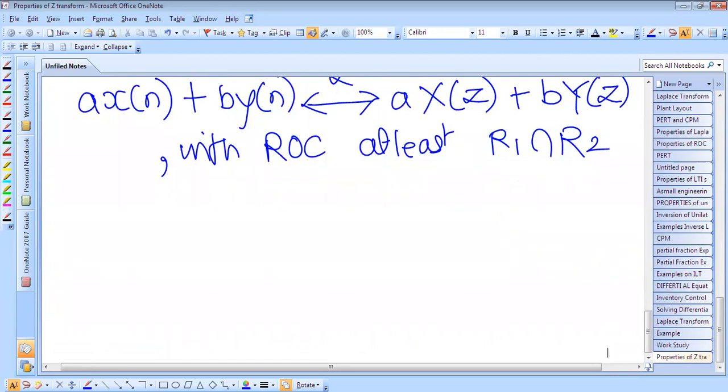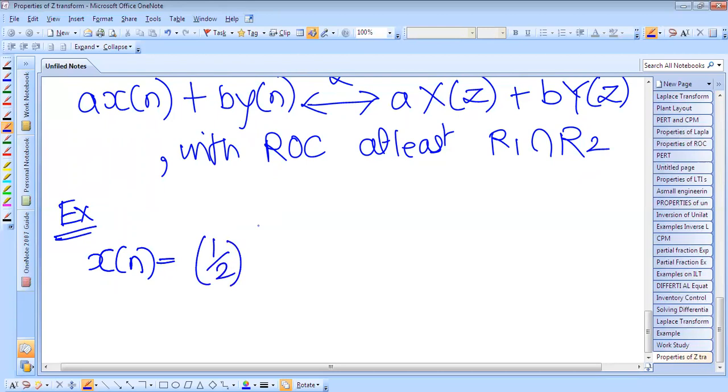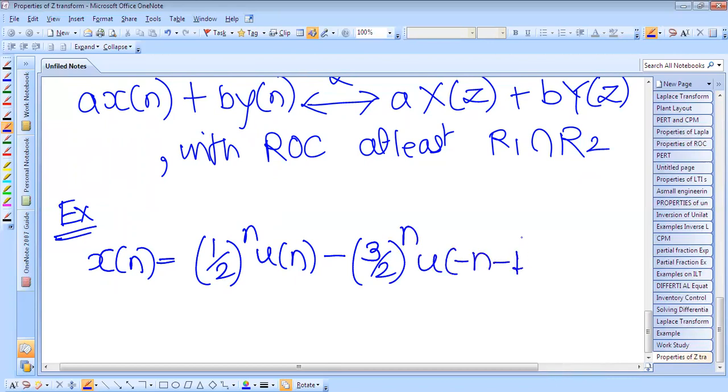Pole zero cancellation. Let us consider the example. Suppose x of n is given as half raised to power n into u of n minus 3/2 raised to power n into u of minus n minus 1.